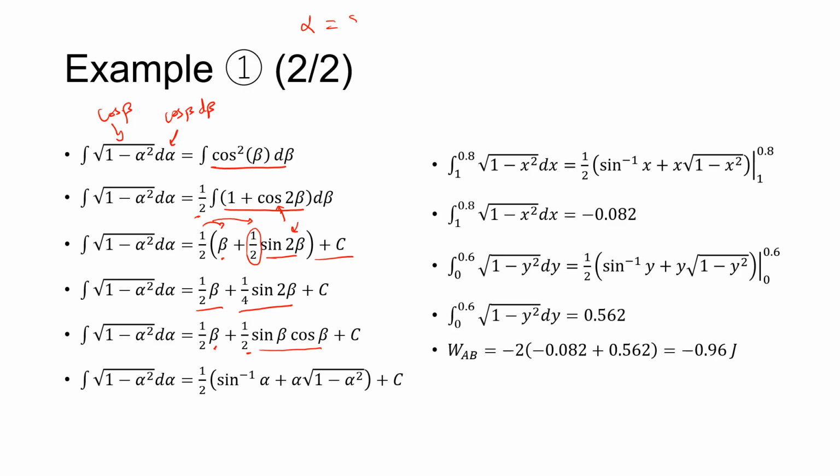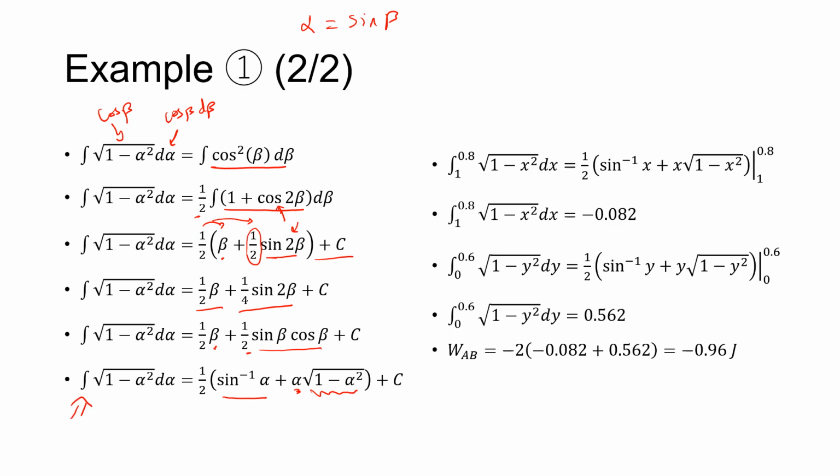We have alpha equal to sine beta, so you can get beta as inverse sine of alpha. Likewise, sine beta is just alpha, and cosine beta, from the previous slide, we understood is just the root of 1 minus alpha squared.